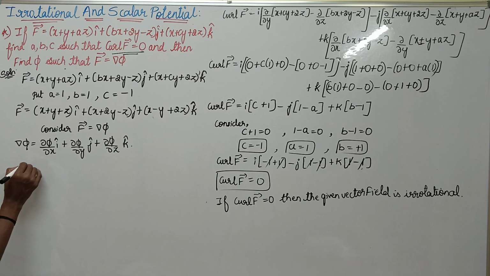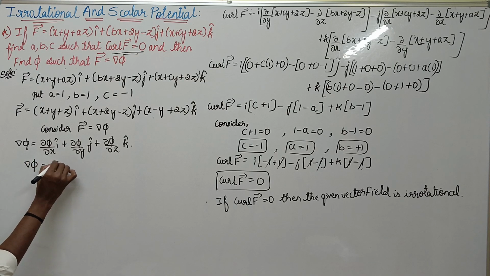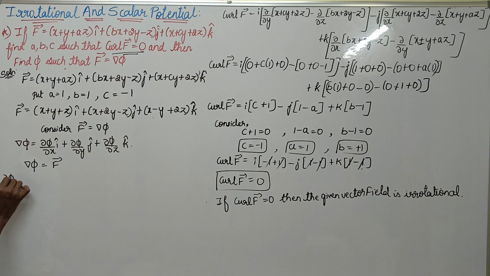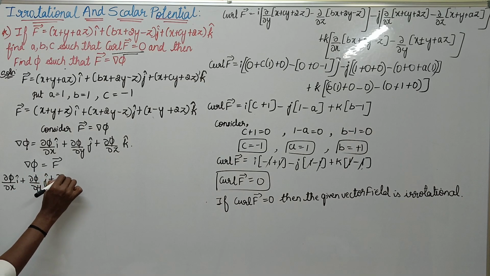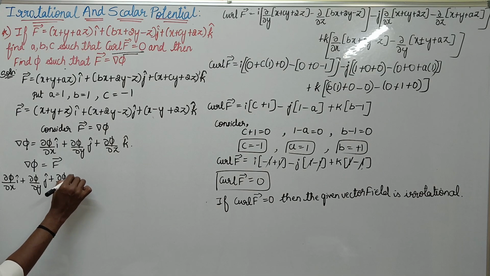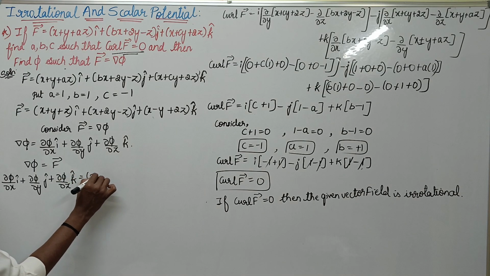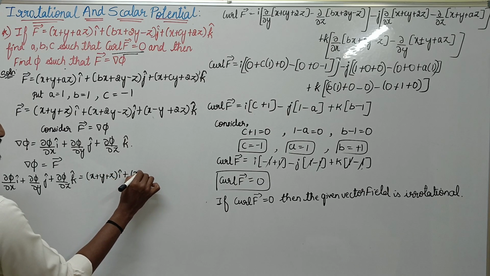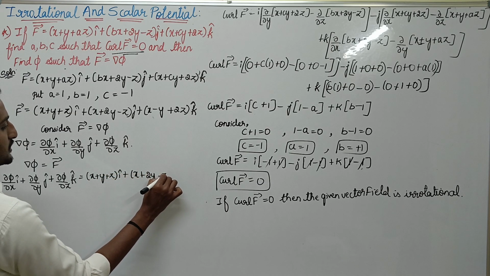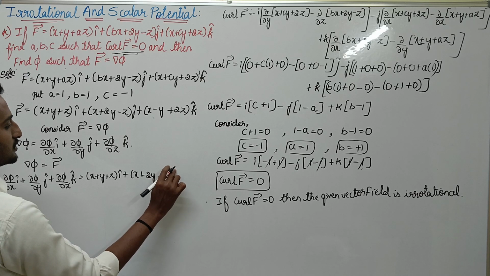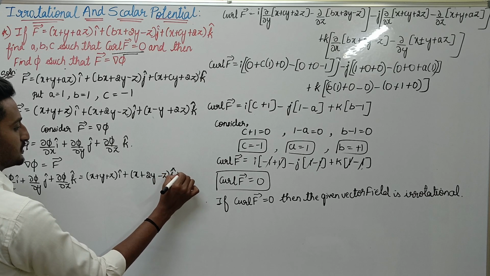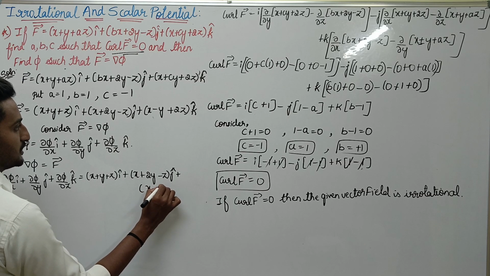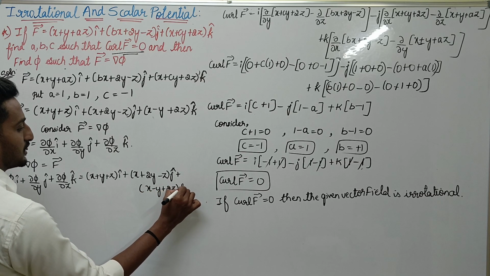Now substitute gradient phi equal to vector f: dou phi by dou x i cap plus dou phi by dou y j cap plus dou phi by dou z k cap is equal to (x plus y plus z) i cap plus (x plus 2y minus z) j cap plus (x minus y plus 2z) k cap.